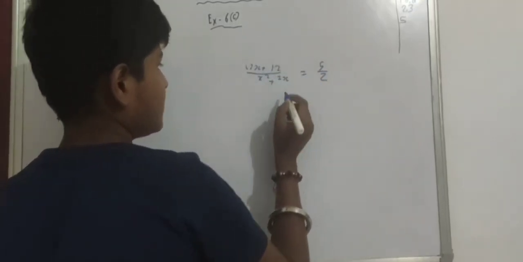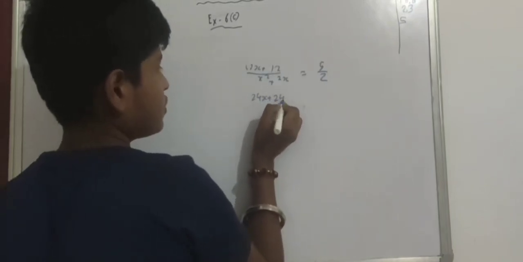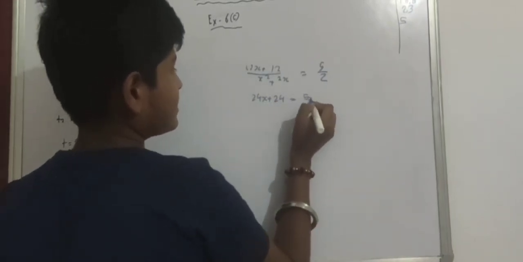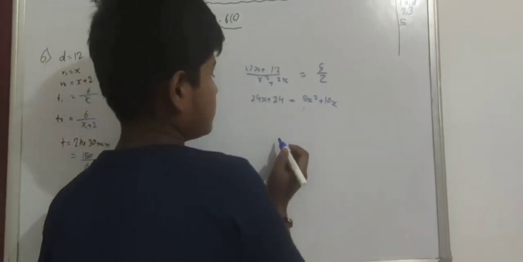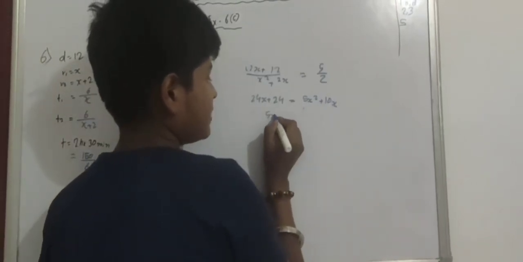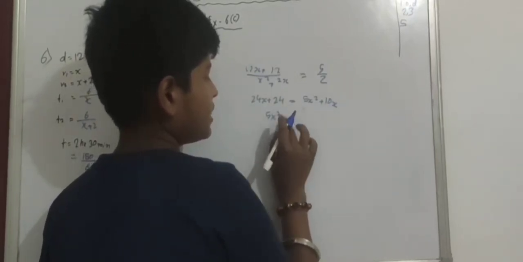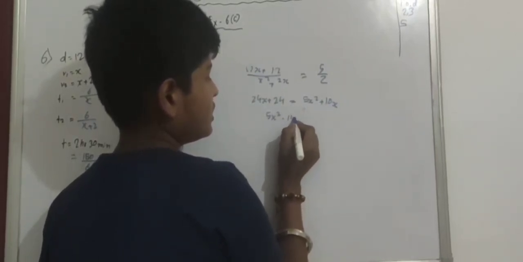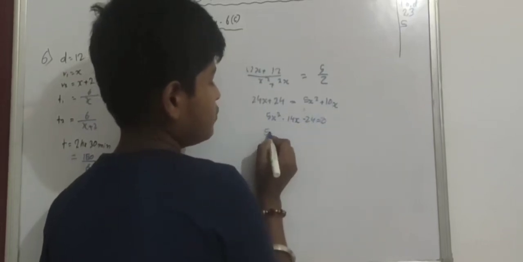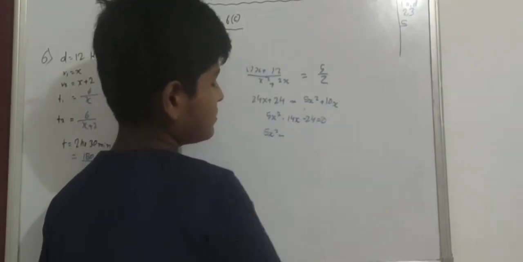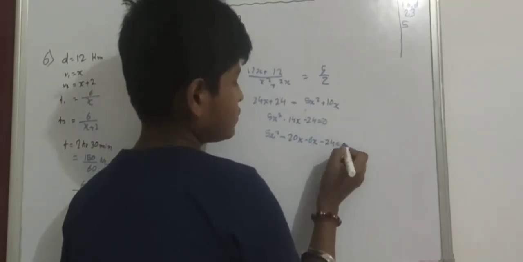Now do cross multiplication. 2 into this will be 24x plus 24 is equal to 5x square plus 10x. So now 5x square plus 10x will come here, you will get 5x square minus 14x minus 24 is equal to 0. Now you have to do the middle term split, and this will be 20x minus 6x minus 24 is equal to 0.